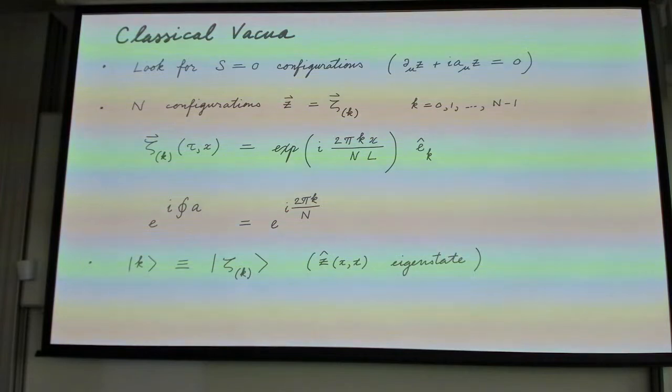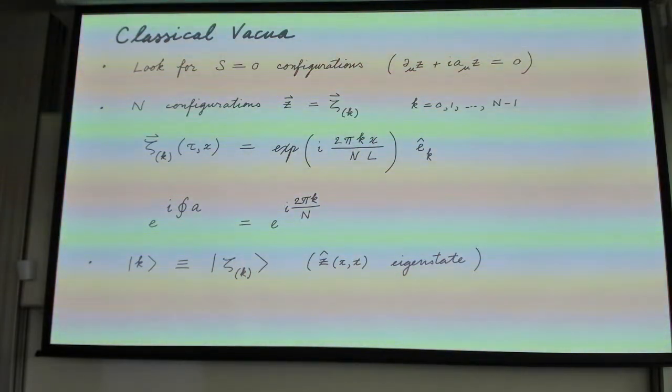You can characterize these ground state configurations by the holonomy of the U(1) gauge field around the circle, and it's an nth root of unity. So the n ground states just correspond to these distinct nth roots of unity, which the holonomy can take.